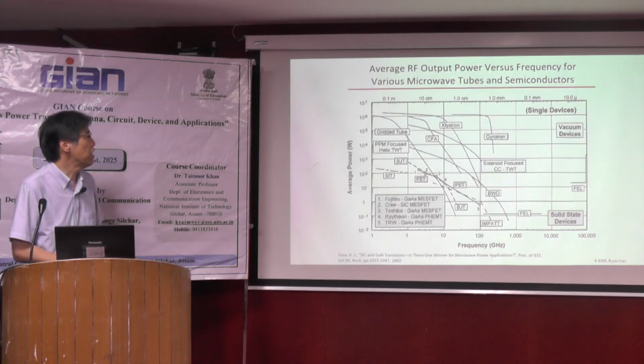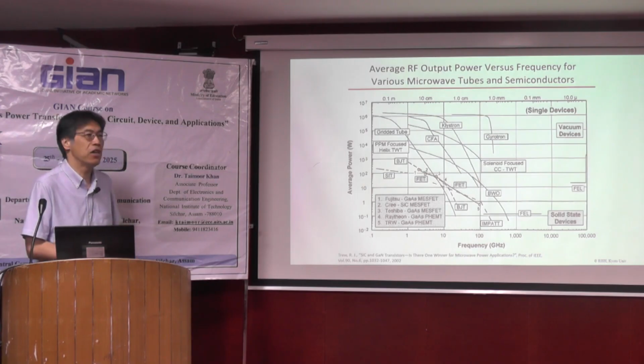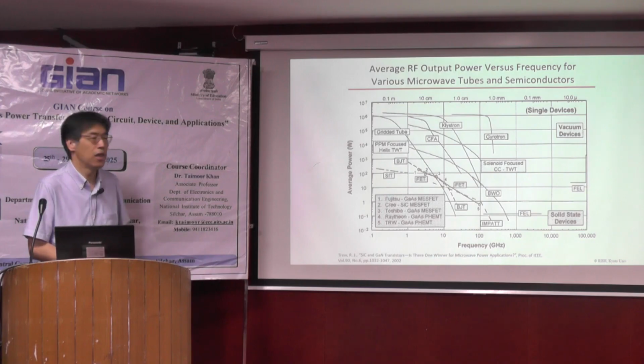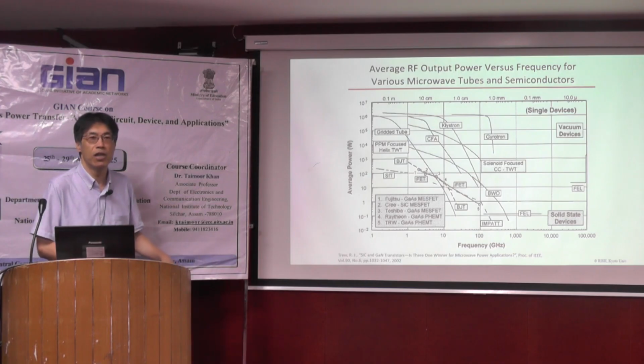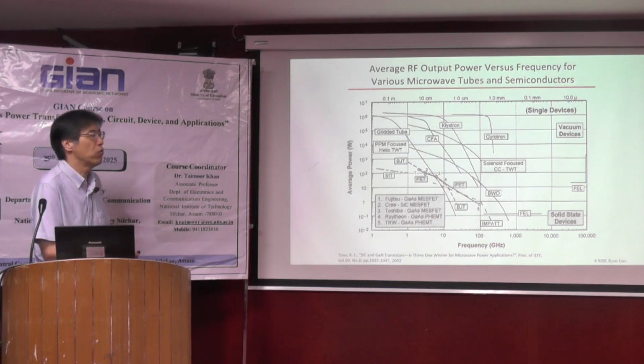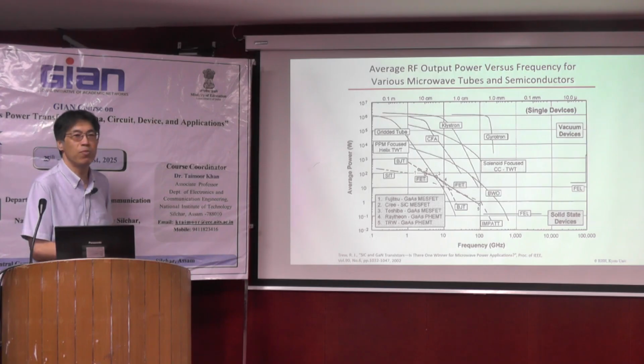And this is a general figure to explain the relationship between the frequency and the average power with a lot of microwave generator and the transmitter generator and amplifier. Generally speaking, when we use the semiconductors, power and frequency are very low, usually. And if we need a very high power, over kilowatts, we have to use the microwave tubes.